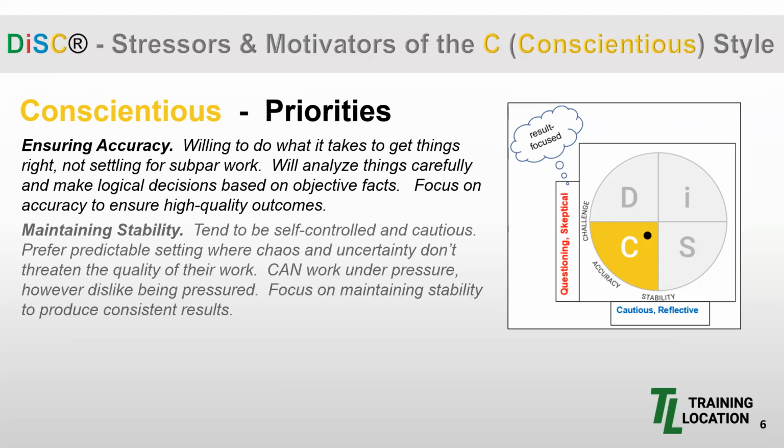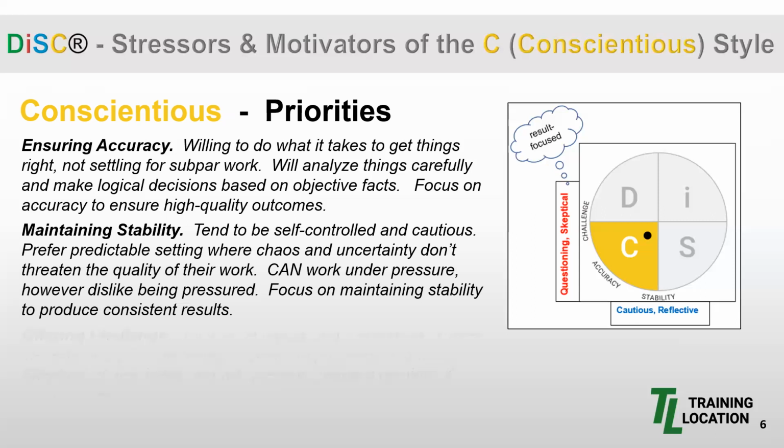Their second priority is maintaining stability. Now, C's tend to be self-controlled and cautious and prefer predictable settings where chaos and uncertainty don't threaten the quality of their work. They can work under pressure, however, they dislike being pressured. Their focus is on maintaining stability to produce consistent results.